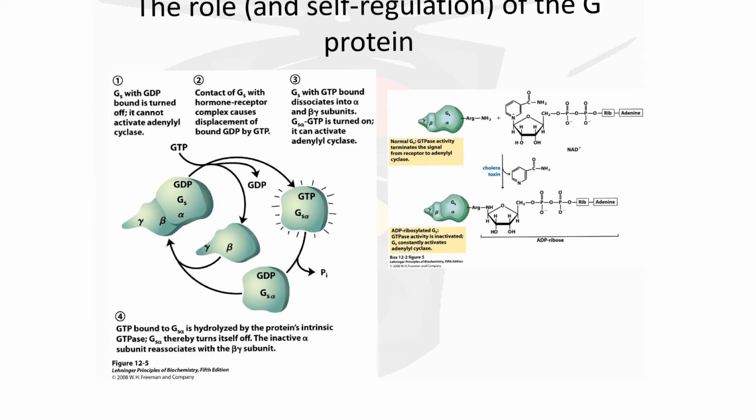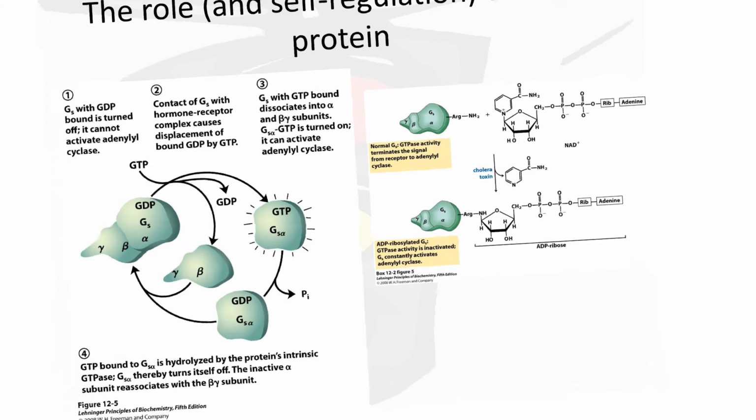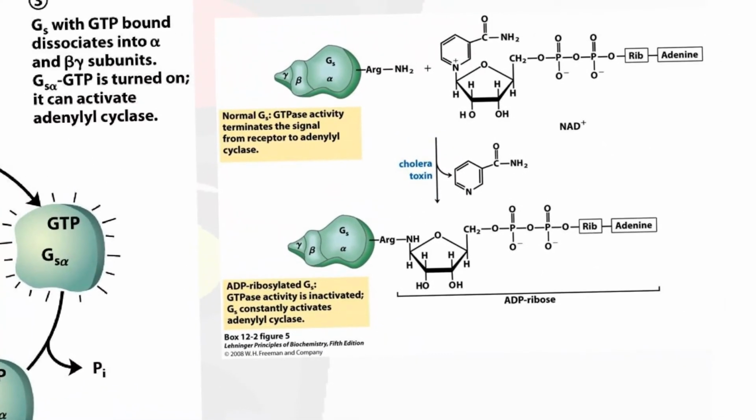One of the reasons why this is very important is that this is where cholera works. Normally, the G protein has GTPase activity, which is what ends the signal for adenylyl cyclase. As long as this GTP is bound there, the adenylyl cyclase is turned on.